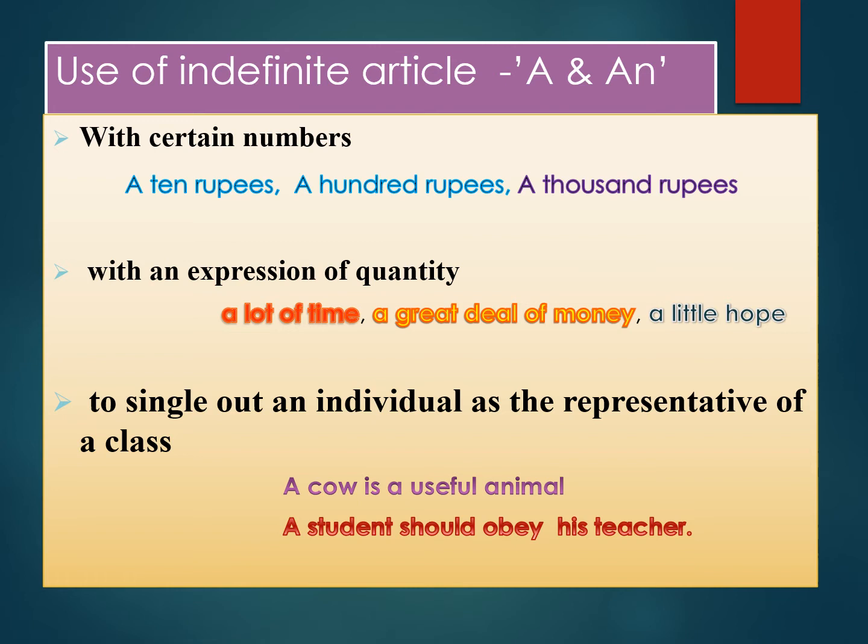Students, you may ask, sir, why can't we use an before student? Already we have learned student is a singular noun. The first letter is a consonant. It is giving the consonant sound s. So a is used before the noun student.